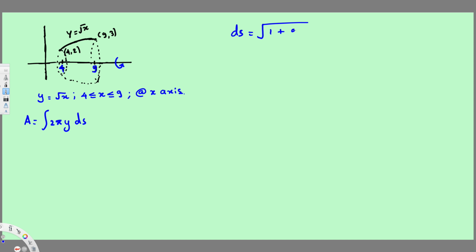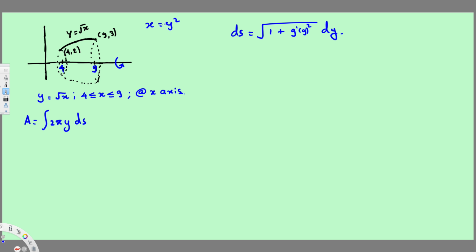If I take it in terms of y, this is going to be g prime of y squared dy, right? So if I want to convert this one into y, I have to find x is equal to what value. So here we have y is equal to root x, but x is equal to y squared, if we square both sides. So this is going to be x is equal to y squared.